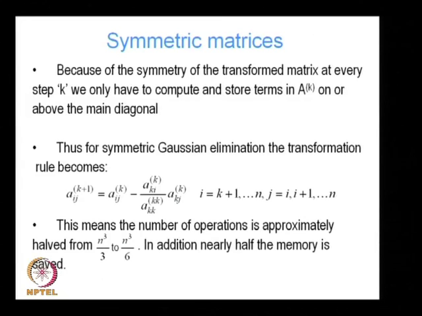We have reduced the number of operations. The number of operations is approximately halved from n cubed by 3 to n cubed by 6. In addition, nearly half the memory is saved. So, we are performing the operations only on the elements above the main diagonal, and the storage is also half the previous storage.